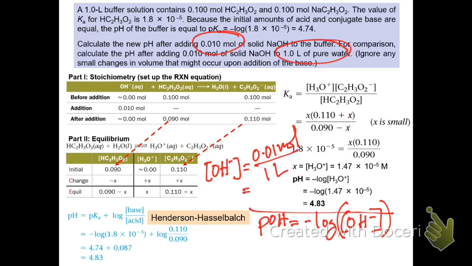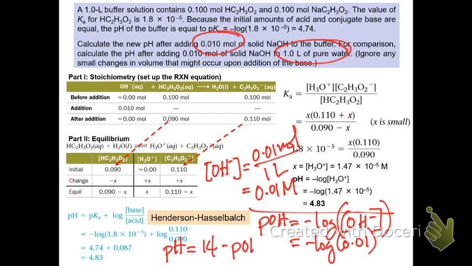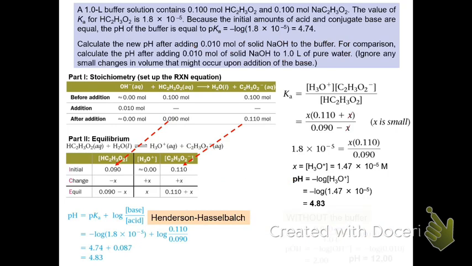So the concentration is 0.01 molar. You plug this number into this equation: negative log of 0.01 gives you the pOH, and then from pOH you can get the pH. So pH is equivalent to 14 minus pOH. So here's the cleaner version.